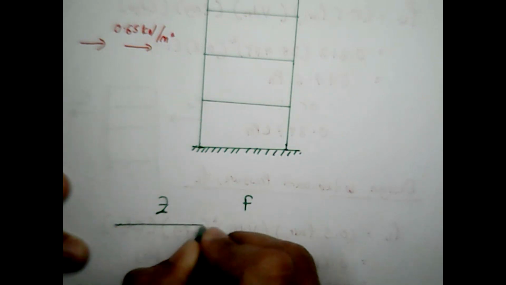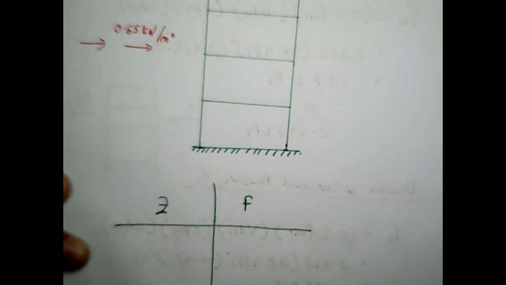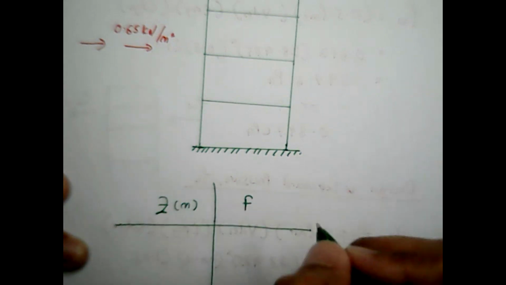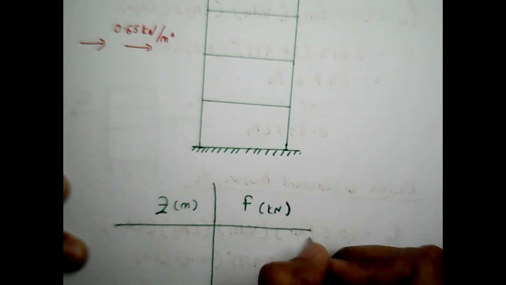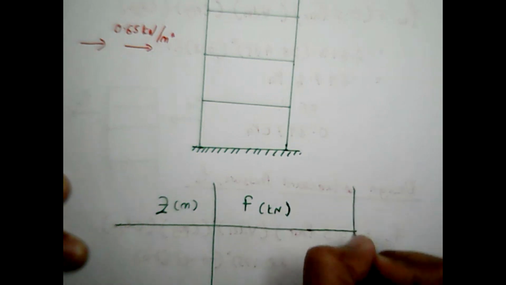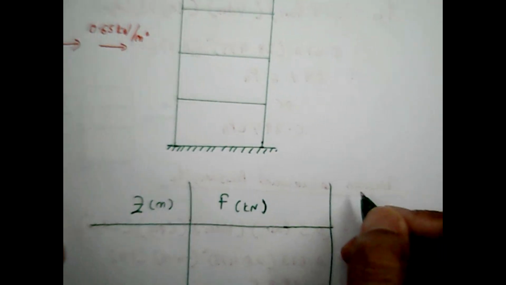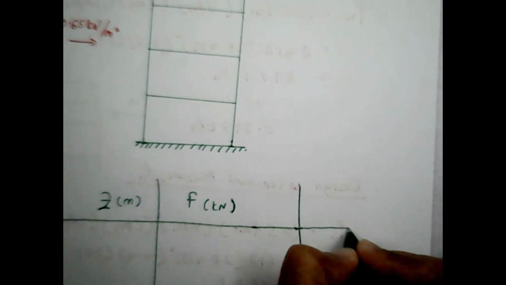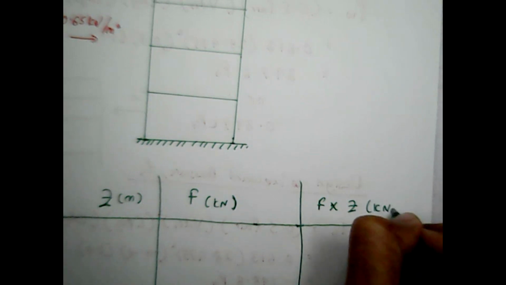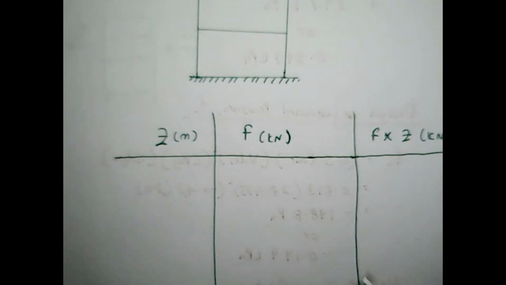Here Z is height in meter and F is kilonewton per meter, which is our loading. And then you can have F times Z, which is the kilonewton meter. So create this table.